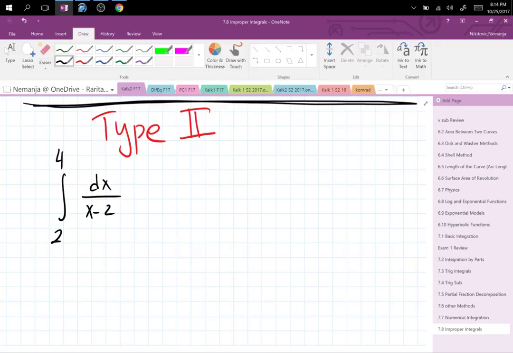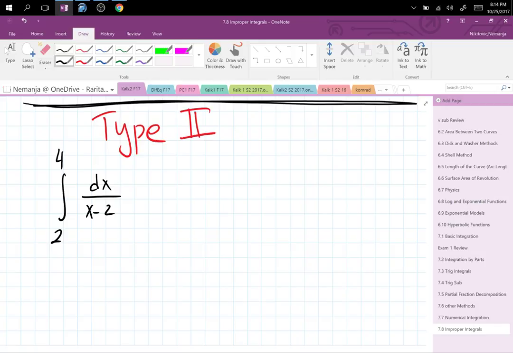If you have ln inside, ln has a vertical asymptote at 0. Square root of x is not defined left of 0. There is a vertical asymptote every time the denominator is equal to 0. You cannot have a tangent problem and integrate tangent from 0 to pi, because there's an asymptote at pi over 2. Whatever you get is going to be wrong.